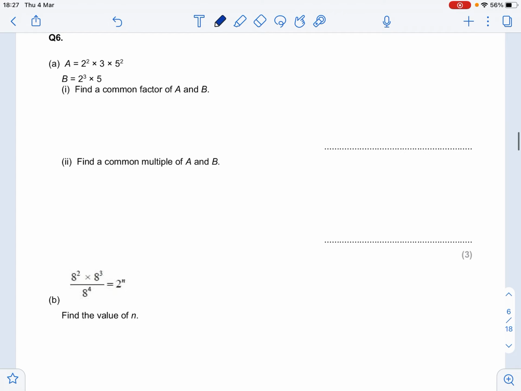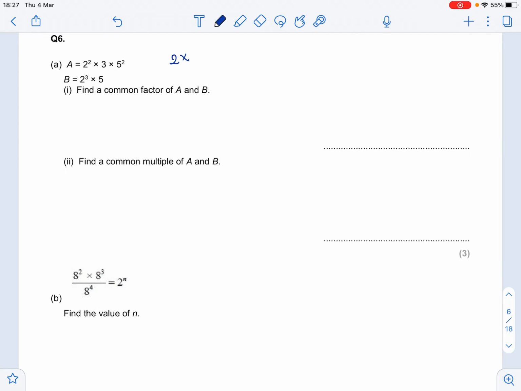Question 6. Find a common factor of a and b. A common factor means it will go into both. So you can consider this as factorizing out. What common factor do they have? So a is 2 multiplied by 2 times 3 times 5 times 5.